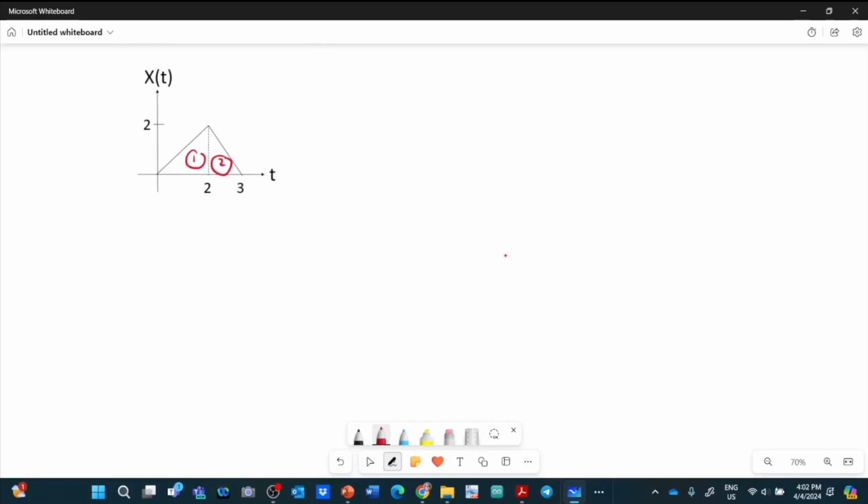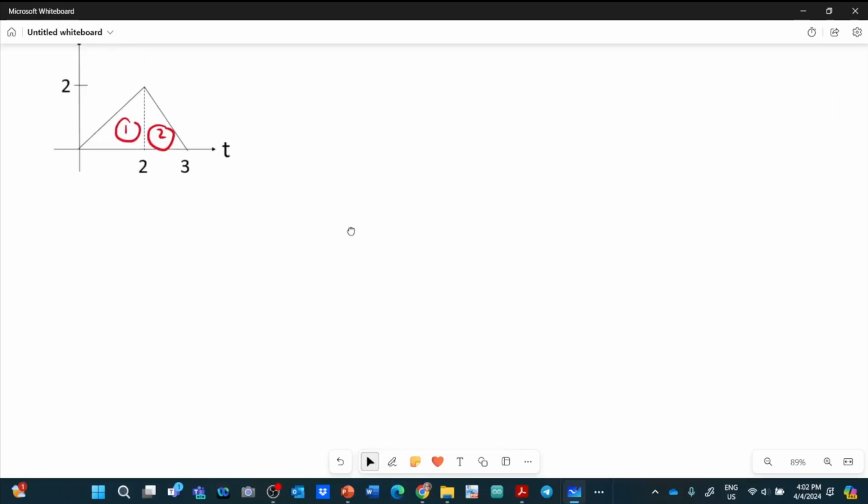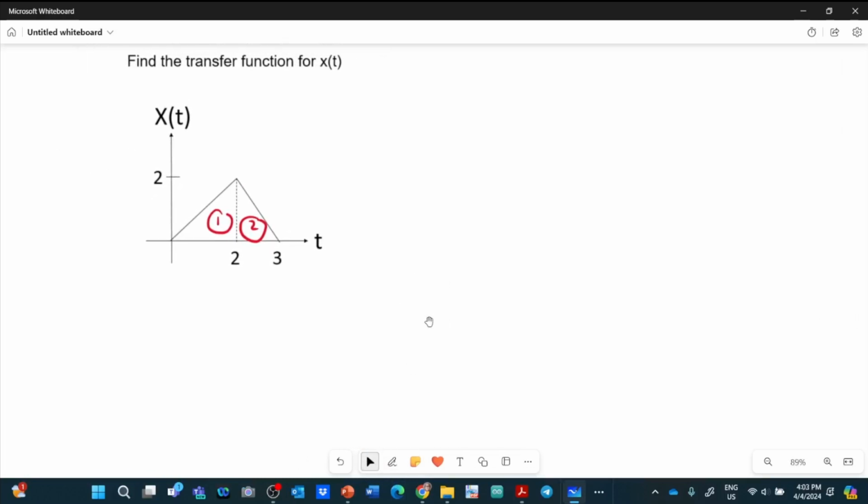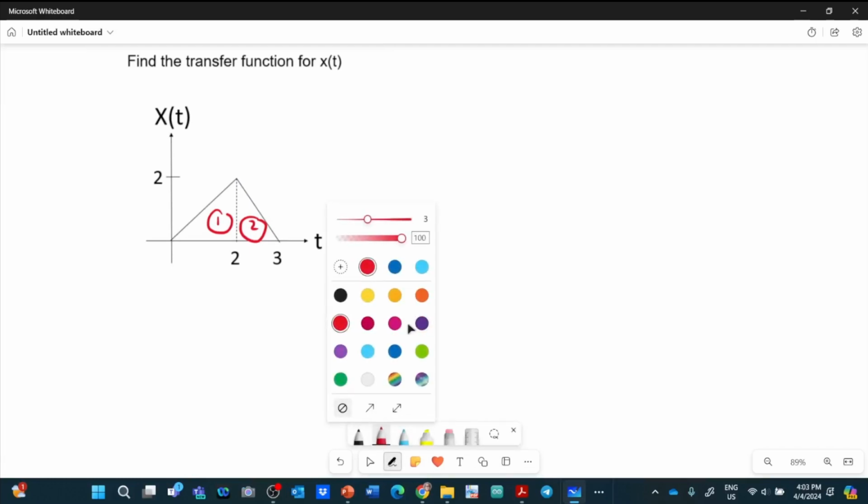Before we proceed, what I want you to do is that most of the time when you have this type of question, especially when you see there's a ramp signal, label the coordinates at the important points.